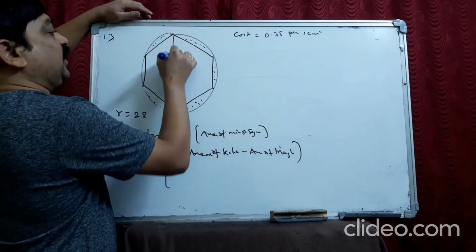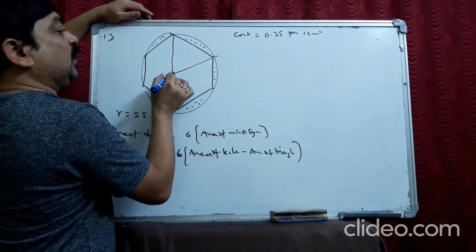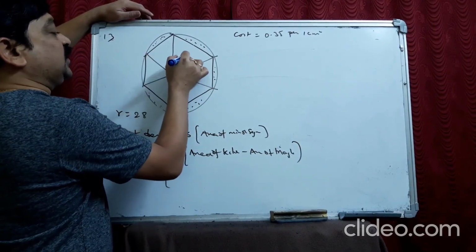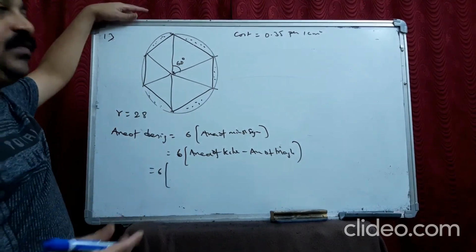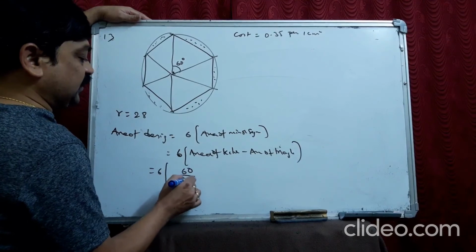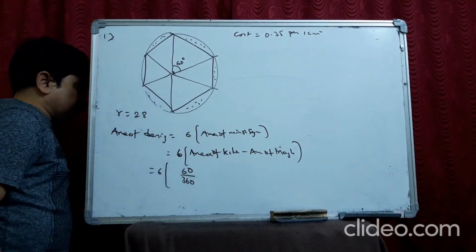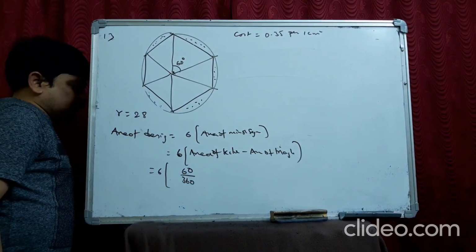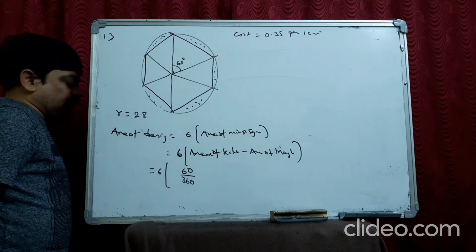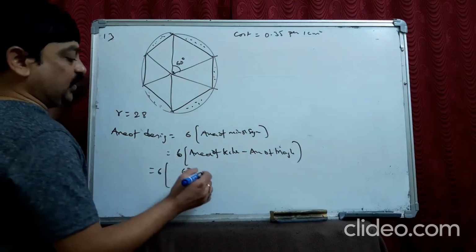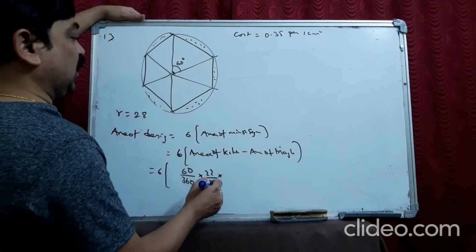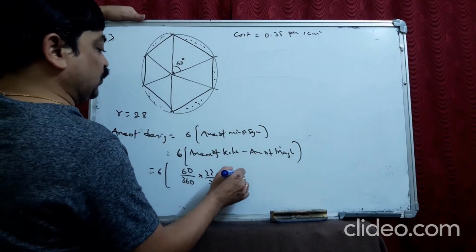If it is divided into 6 parts, each angle will be 60. If each angle is 60, it becomes an equilateral triangle. So it becomes 60 by 360. Is any pi value given here? Only root 3 value is given. Pi value is not given, so we take pi as 22 by 7. Pi r square, r is 28 into 28.